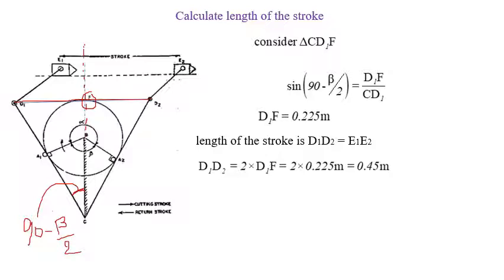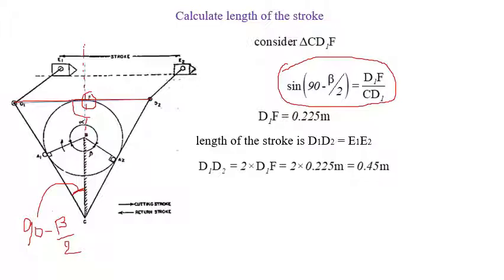Therefore, I will apply the trigonometric sine rule to the triangle CD1F. The opposite side is D1F, and since this one is perpendicular, CD1 is the hypotenuse.